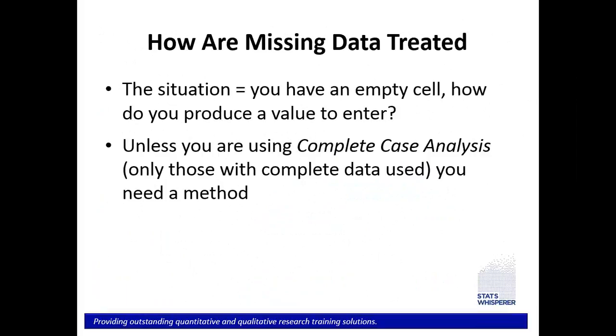Now, some people do complete case analysis. That means anybody with missing data is excluded from the analysis, so they don't have to put up with the missing data points. They don't have to account for them. But this is largely flawed because people who provide complete data tend to be fundamentally different than people who have some missing data or a lot of missing data.